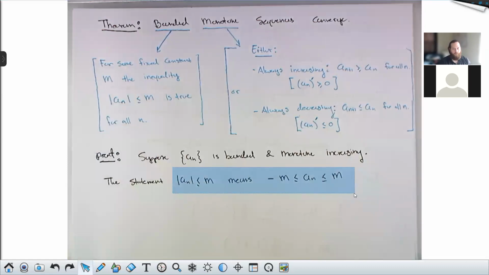This rule right here is true for any absolute value inequality of this form.